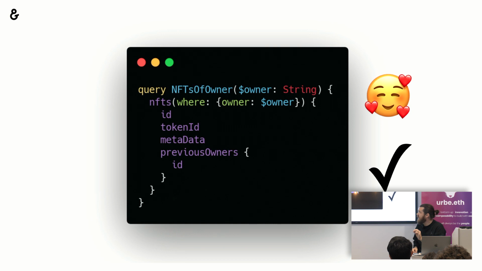So if you only care about the NFT's token ID, the metadata, and their previous owners, you can specifically ask for that data and you will get only that data back. It's a query language that is highly customizable and highly performant, right? It's optimized for front ends because you can just get what you want and you don't have to do crazy parsing and filtering inside of your app. You just filter based on requests.